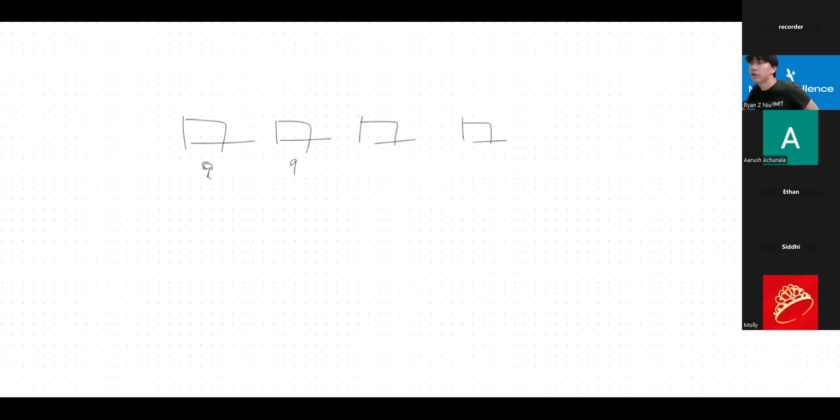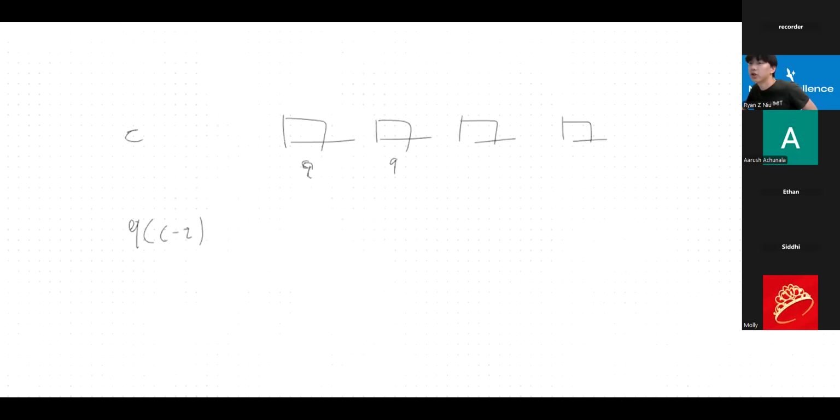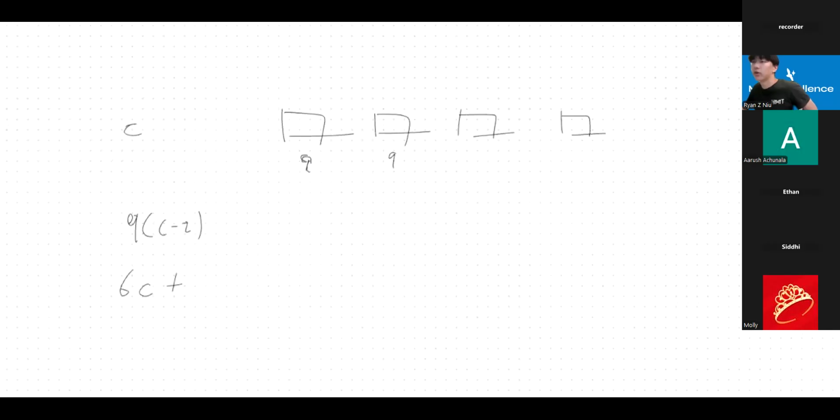So let's call the number of chests C. So we know that 9 times C minus 2 is the number of coins that we have. And then, I put six gold coins in each treasure chest, but then I had three gold coins left over. So what that means is we put six coins in each treasure chest, and you have three left over.